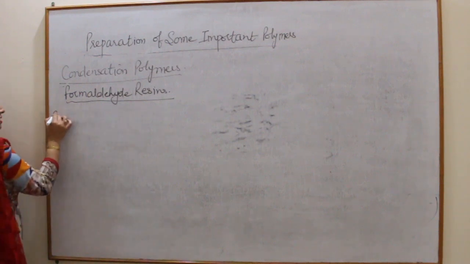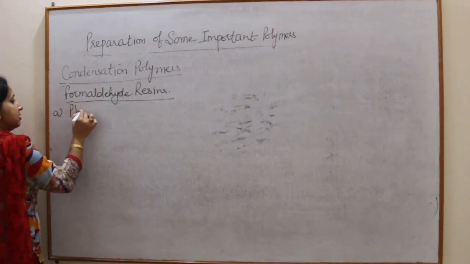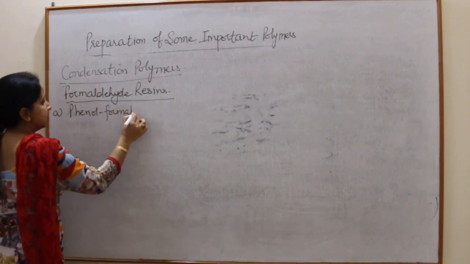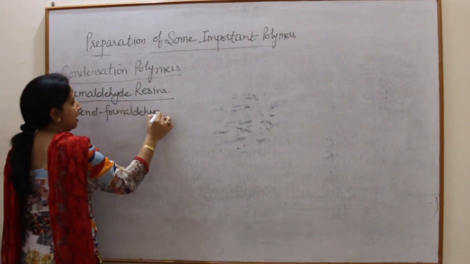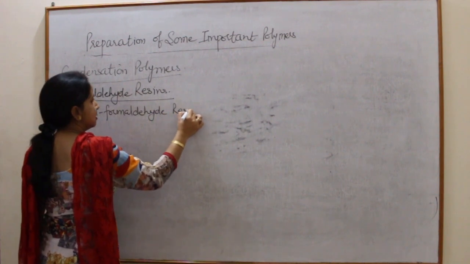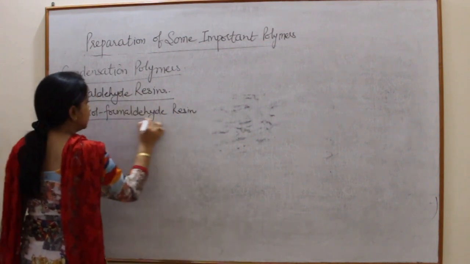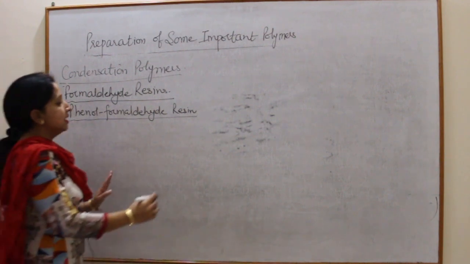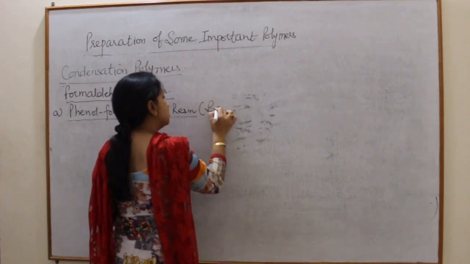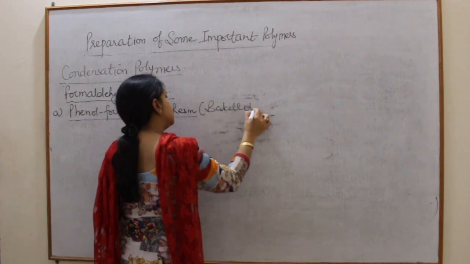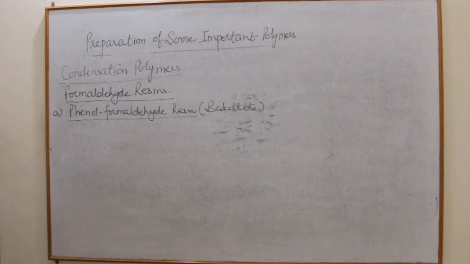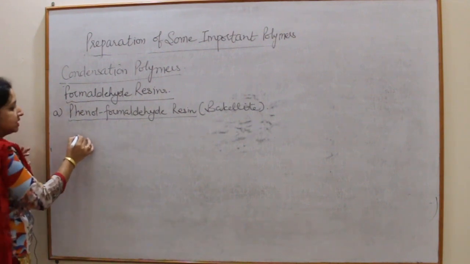So first is phenol formaldehyde resin, and this is also known as bakelite. So what are the monomers? Phenol and formaldehyde.